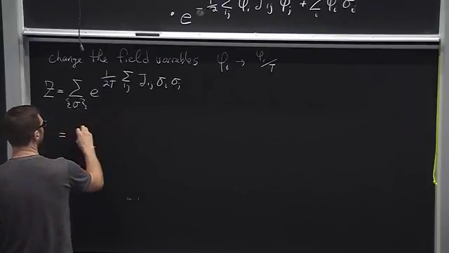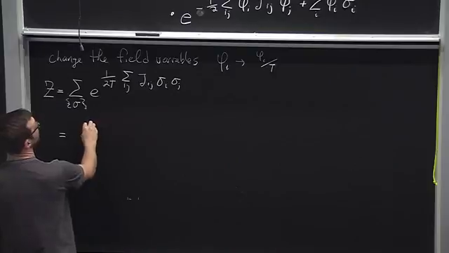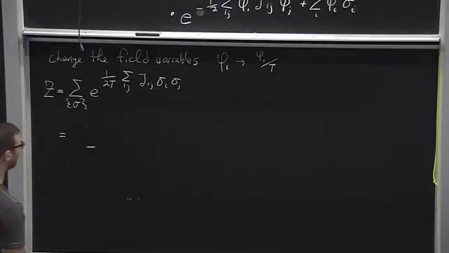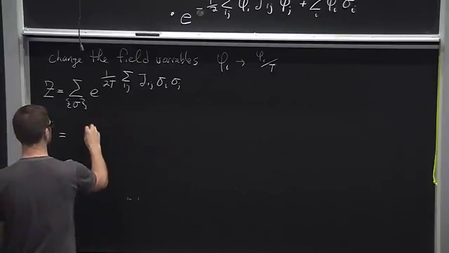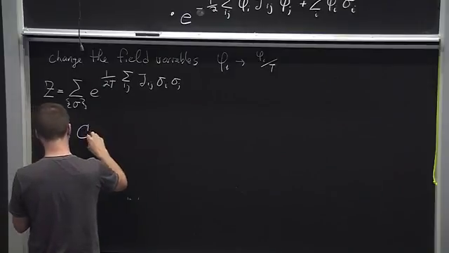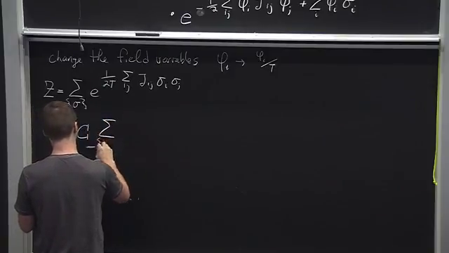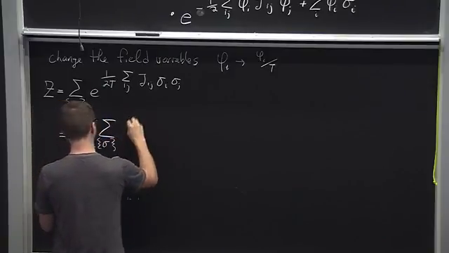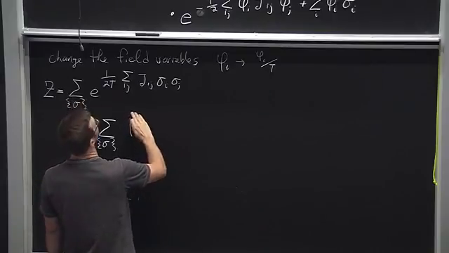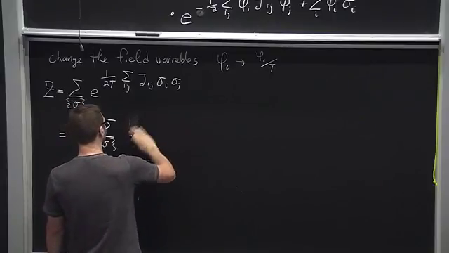And so I have enough room, let me write it. So I have a constant out front that has all those determinants and the 2 pi's. Let's see, I need the integral.